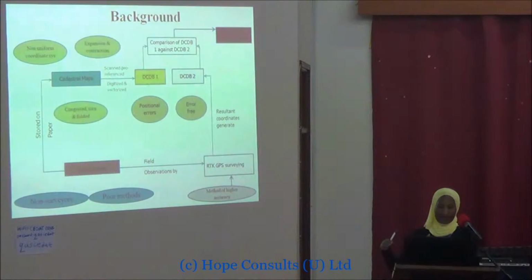After producing the coordinates from RTK, these coordinates are all overlaid, and that is why we're comparing DCDB2 against DCDB1, which is giving us the geometrical distortion. So basically, my study is about the geometrical distortion of the DCDB that was created in Uganda.